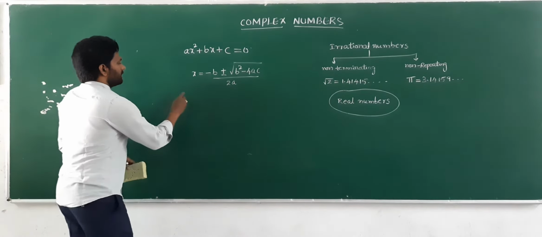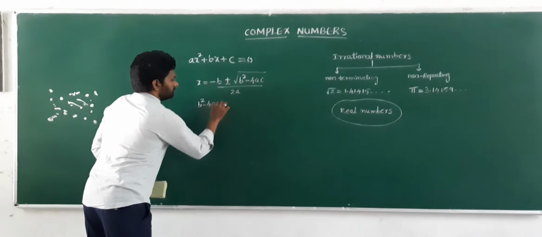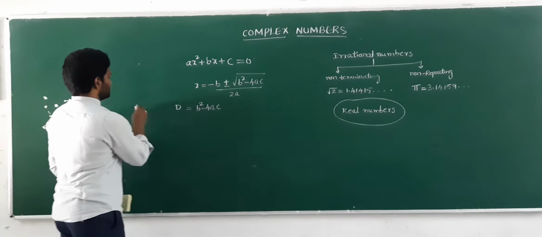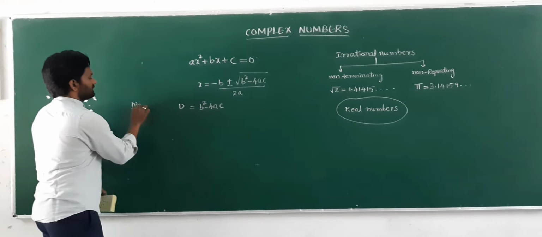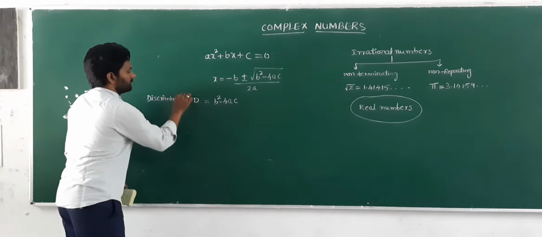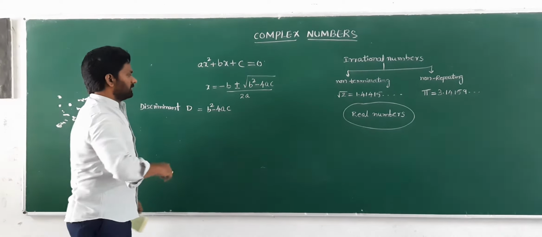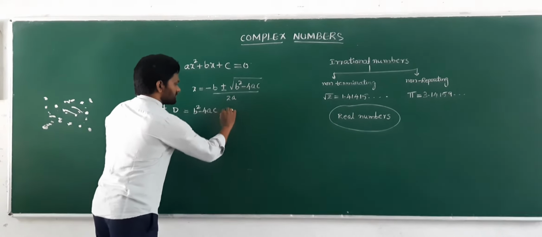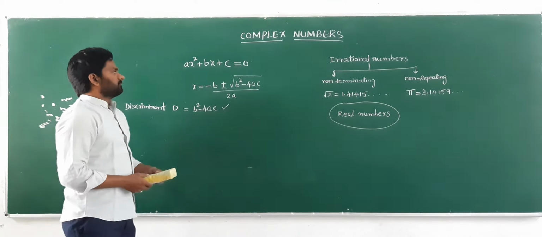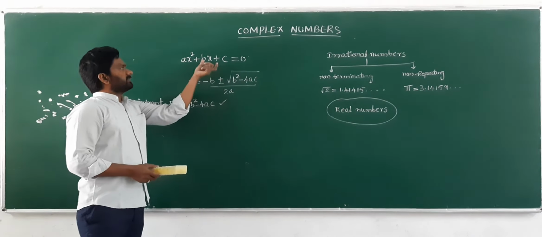In this, b square minus 4ac is called the discriminant, and generally it is represented by capital D. Depending on the discriminant, we can classify the values of x, the roots of the quadratic equation.